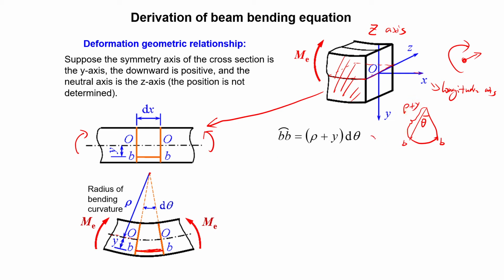So we got this equation. The original distance BB is a straight line, so it's equal to the distance OO. We know the neutral axis OO doesn't change during the bending deformation, so that should be equal to rho times d theta, this tiny angle.